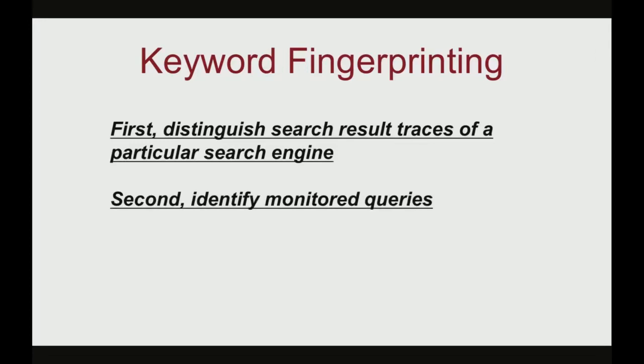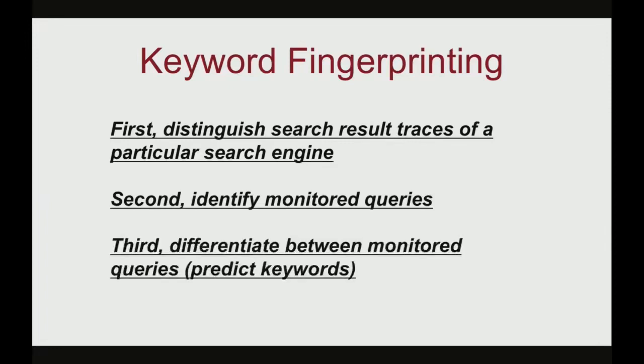This can be easily done with binary classification. And the last one, which is the more exciting part of this paper: the adversary tries to infer the actual keyword that the user typed. This can be done by differentiating between the monitored query traces in the tiny blue dense area in the previous slide.